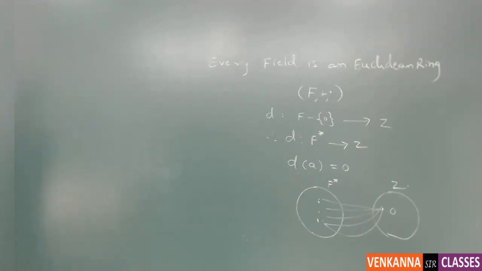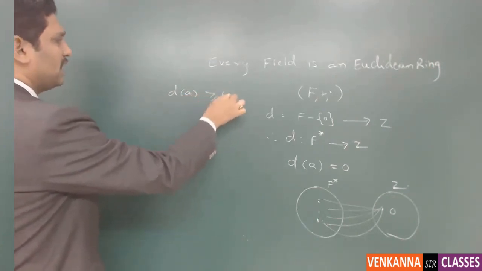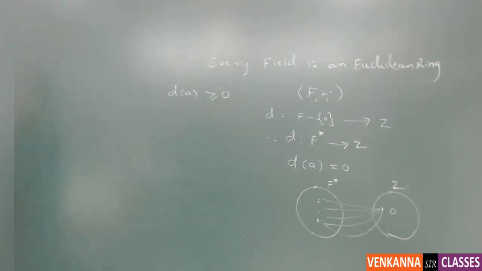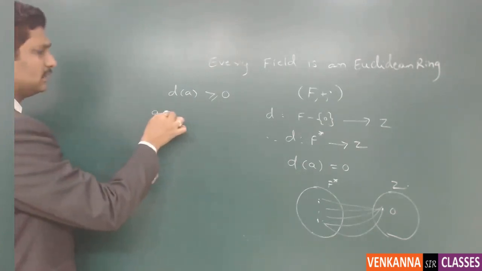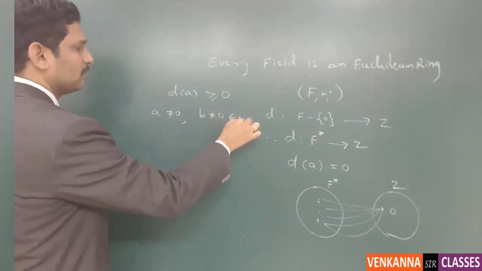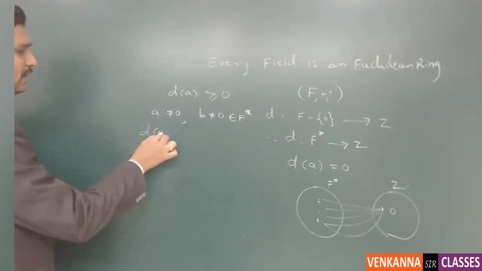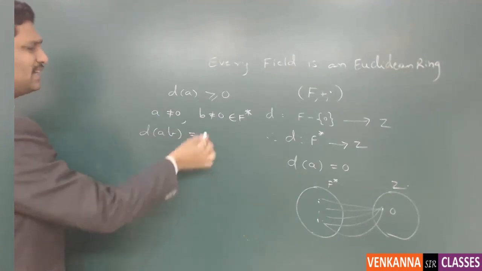So by default, whatever value you take, D of A is always greater than or equal to 0. Now if you take two elements A and B not equal to 0 in F star, then D of AB is nothing but 0.